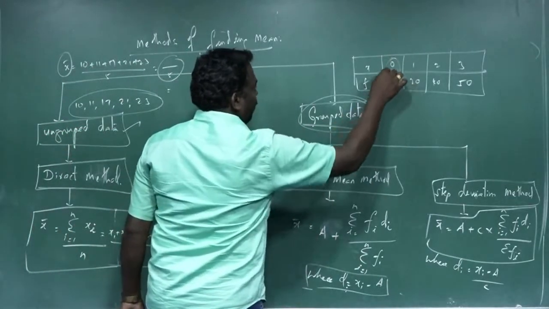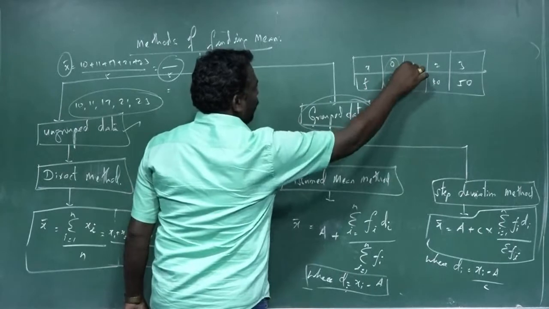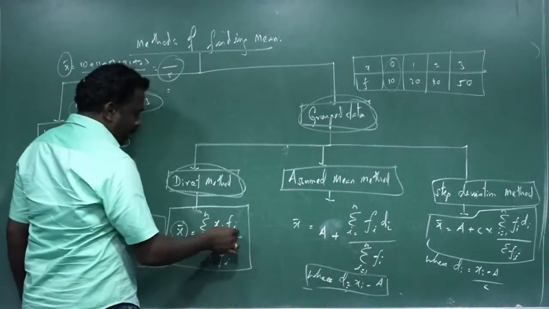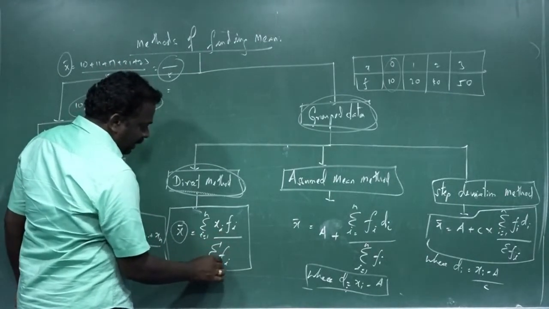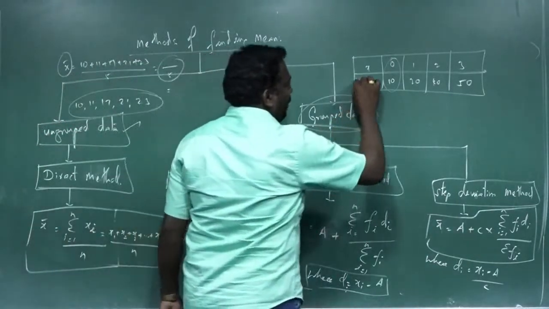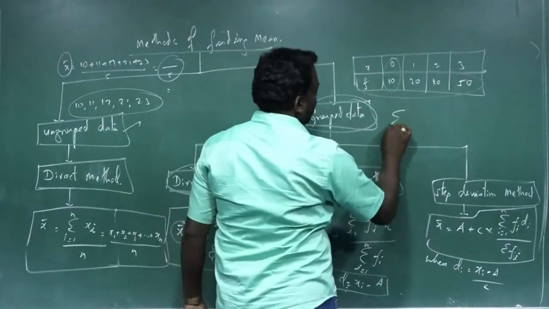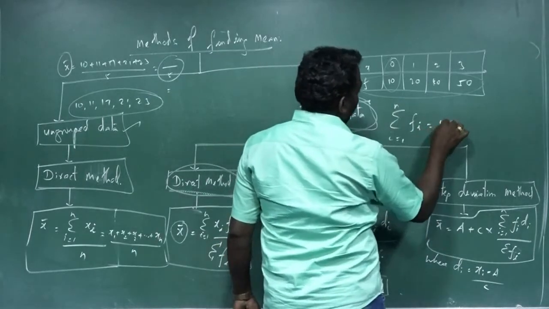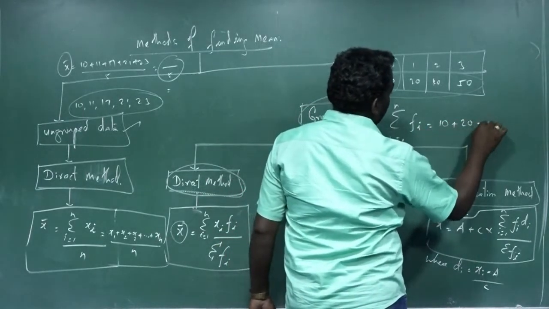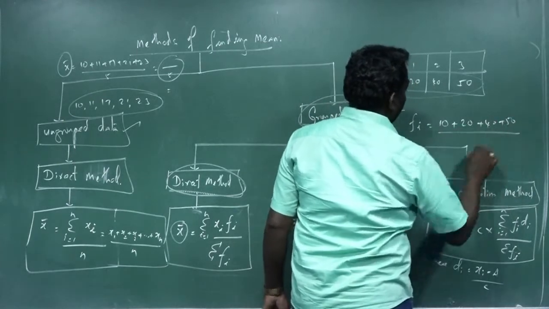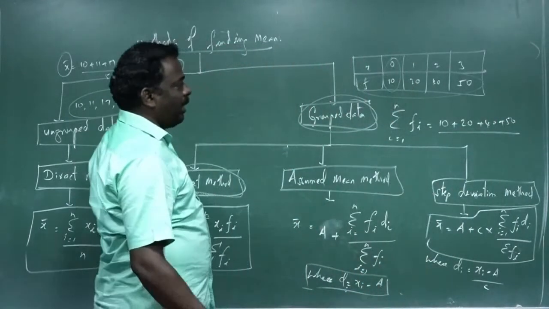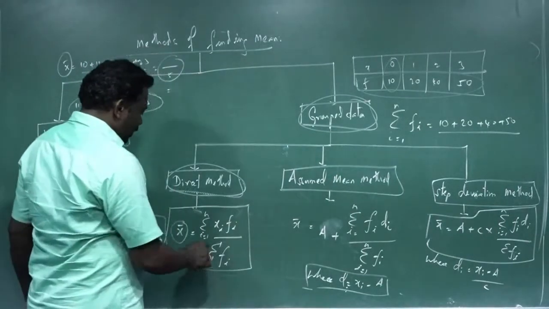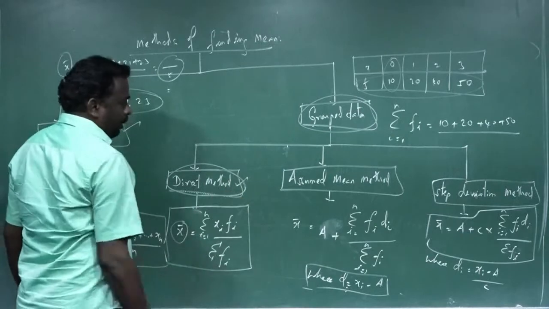You multiply x1 and f1, x2 and f2, x3 and f3, x4 and f4, like that, and sum them. The sum of fi means just adding the frequencies, 10, 20, 40, 50, which are called the frequency values. That is the summation of fi. That is the first method, called the direct method.